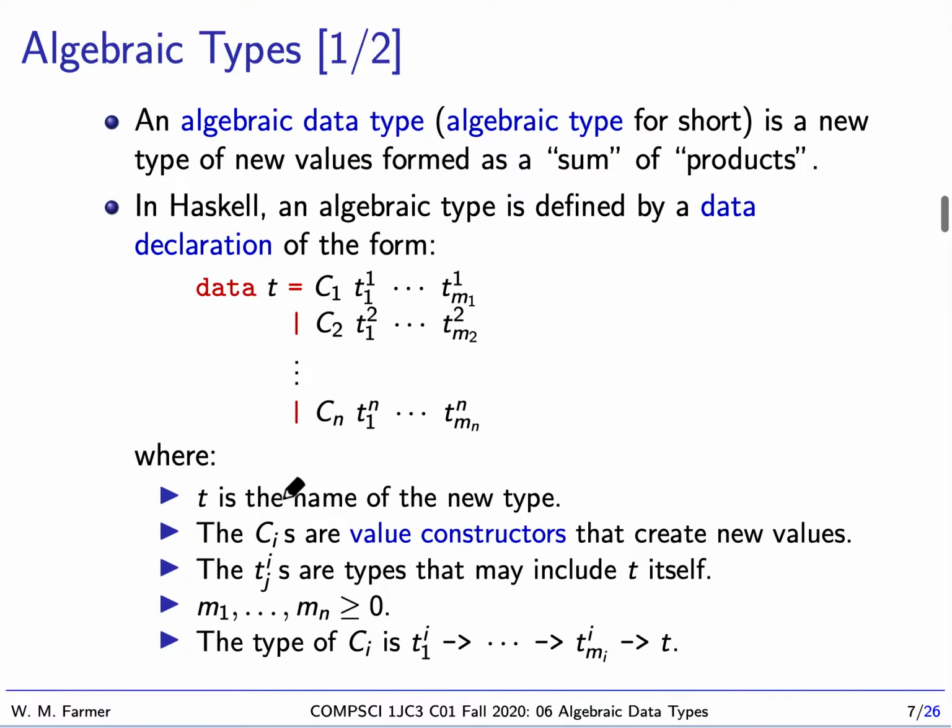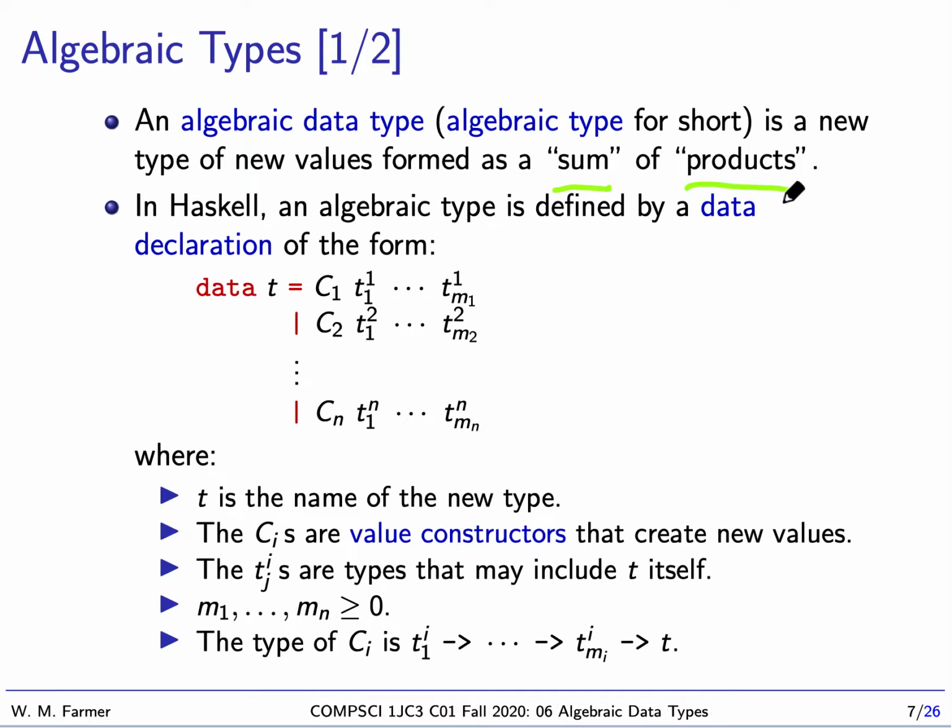Now let's go to the really important notion in this topic, algebraic data types. We're going to call these just algebraic types for short. In general, instead of saying data type, we're just going to say type. So this is a new type of values which is formed as a sum of products.